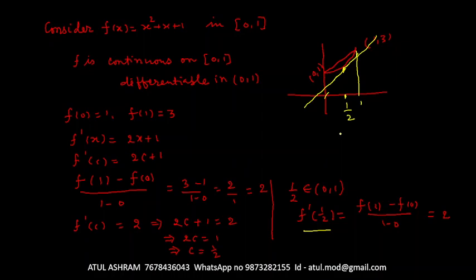And this slope is equal to the slope of the secant joining points (0, 1) and (1, 3), right?